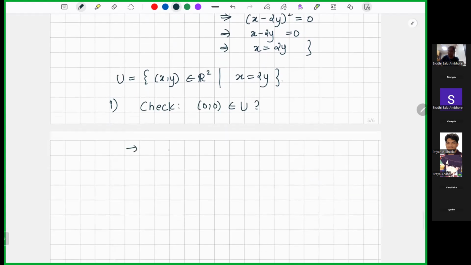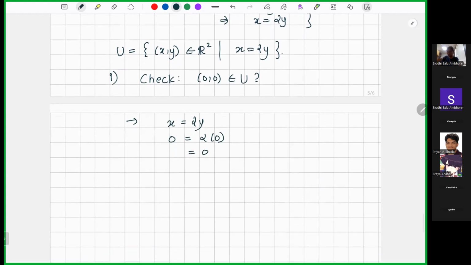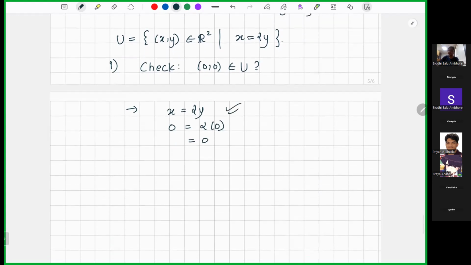What I need to check is whether x is equal to 2y, that is, whether 0 is equal to 2 into 0 or not, and it is satisfied. So x is equal to 2y is satisfied by xy equal to 0, 0.